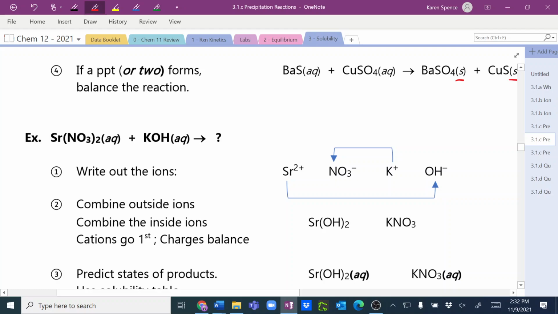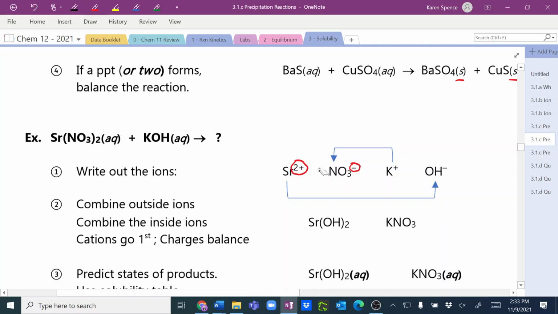Strontium nitrate and potassium hydroxide. Strontium has a 2 plus charge. Nitrate has a negative charge. You notice I haven't written down numbers beside them because I'm just trying to figure out what the compounds are. I don't say, oh, I have 2 nitrates.